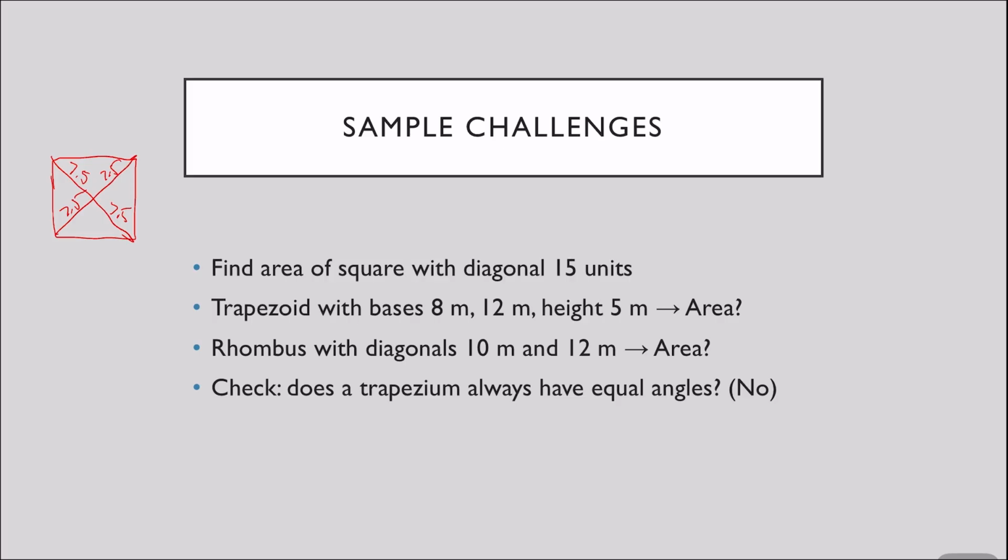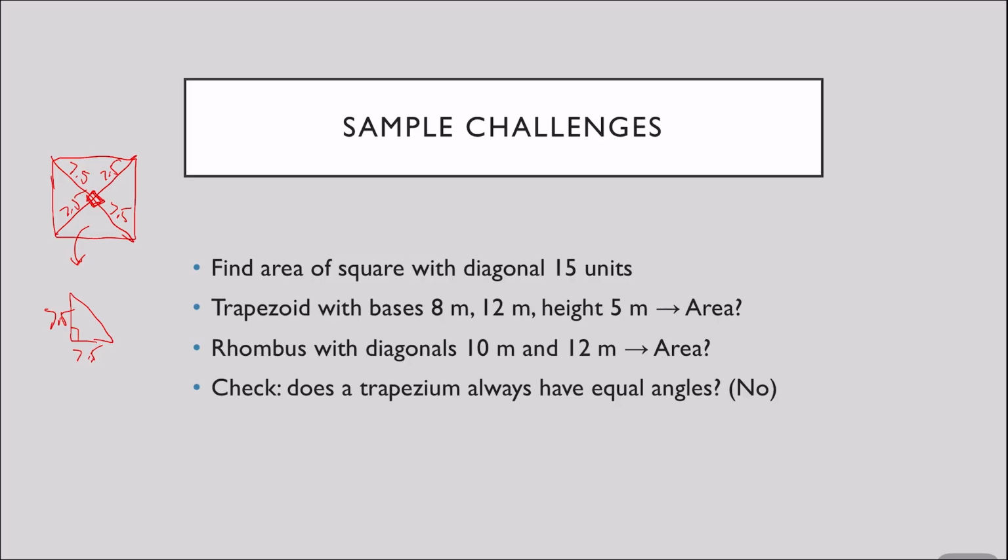We also know that diagonals form right central angles, basically. So in that case, we can get one triangle and write it this way. This is a right triangle. This is 7.5, this is 7.5. If these sides are equal, then we can say that it's an isosceles triangle, and both of these have the same angles.